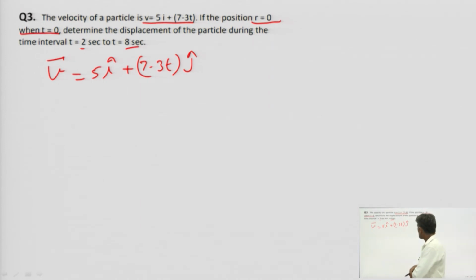So what we need to do here is find the displacement vector.